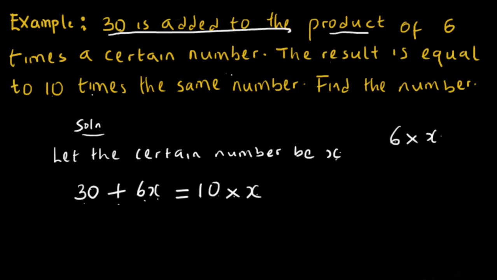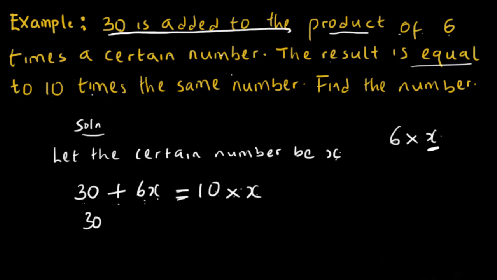Do you understand? Let's go over it again. 30 is added to the product of 6 times a certain number. So we have 30 plus 6 times the certain number which we represented as x is 6x. The result is equal to, so we put equals to 10 times the same number. So we have 10 times x. Do you understand?